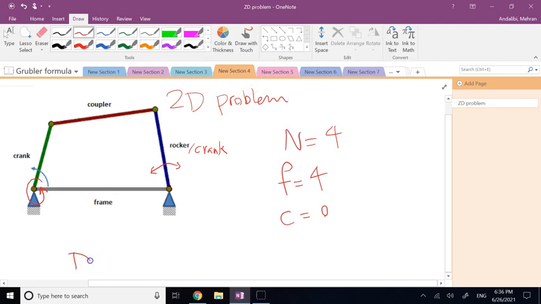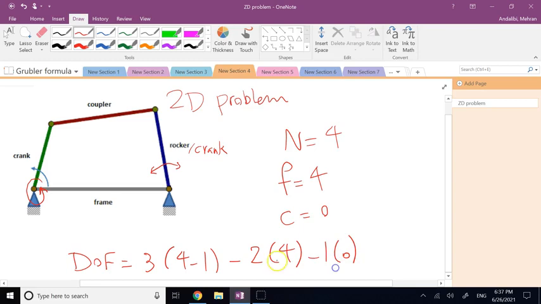So my total degree of freedom in this case is going to be 3 times 4 minus 1 because one of them is the ground, minus 2 times 4, and there is 1 times 0, and it's 9 minus 8, and then again it is going to be 1. And 1 means, again, what?